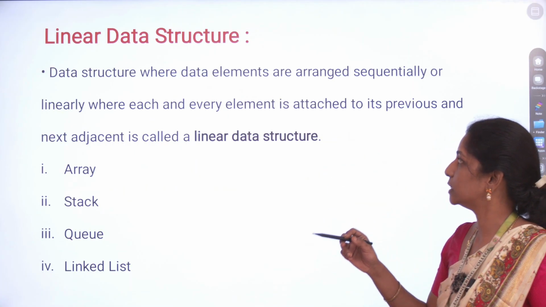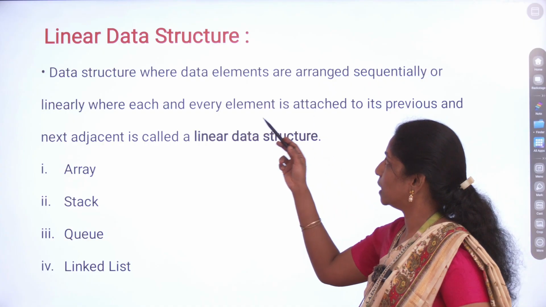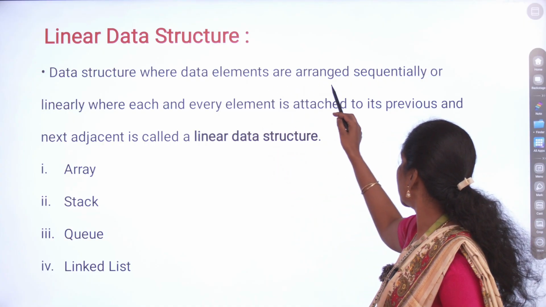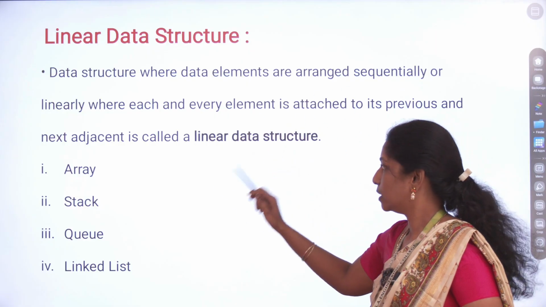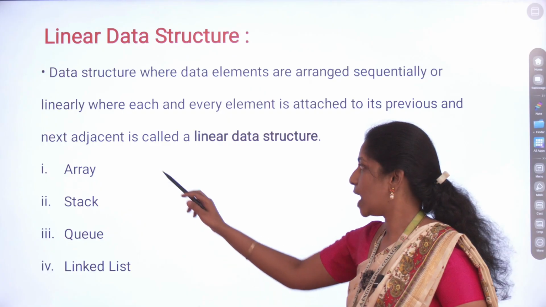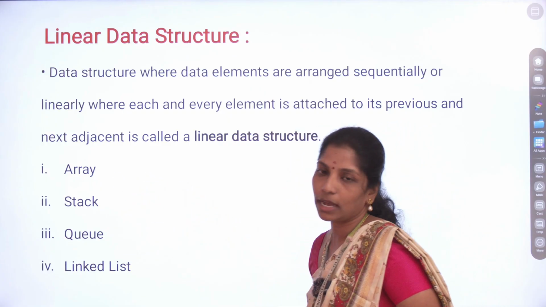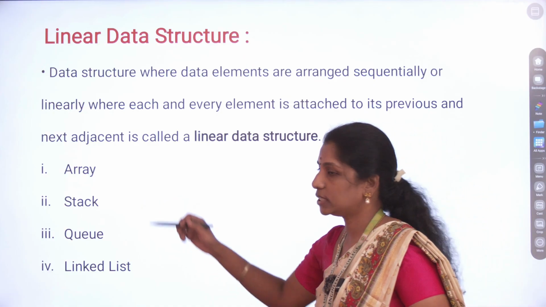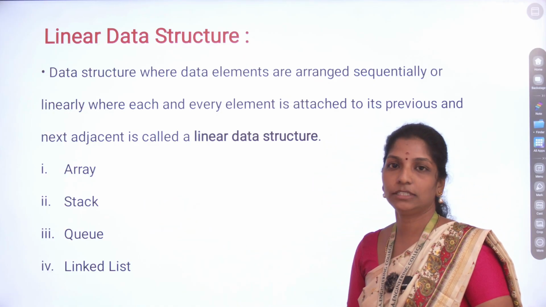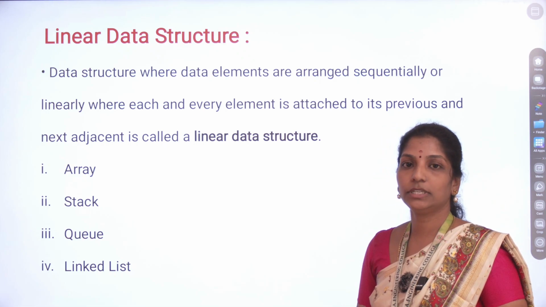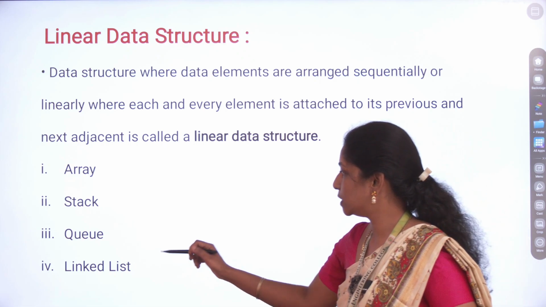Let's see what is linear data structure. As I told you earlier, all the data elements are arranged in a sequence or pattern. Here we have array, stack, queue, and linked list. What do you mean by array? An array is a collection of similar data types. What is a stack? A stack follows the last in, first out property. A queue follows the first in, first out property. And last is the linked list.